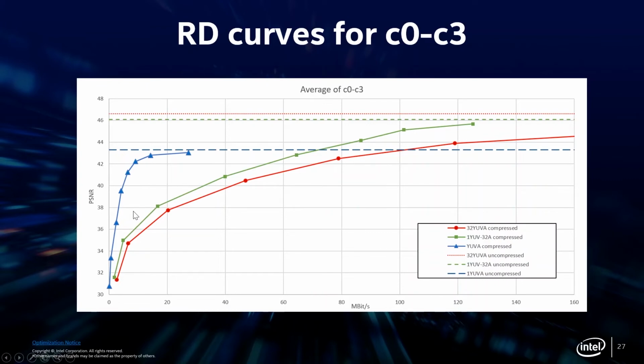And the blue is the results for a single 1 YUV alpha version of the MPI stacks. On the right-hand axis is the megabits per second of the bit rate, and we're showing the PSNR values as our vertical axis.